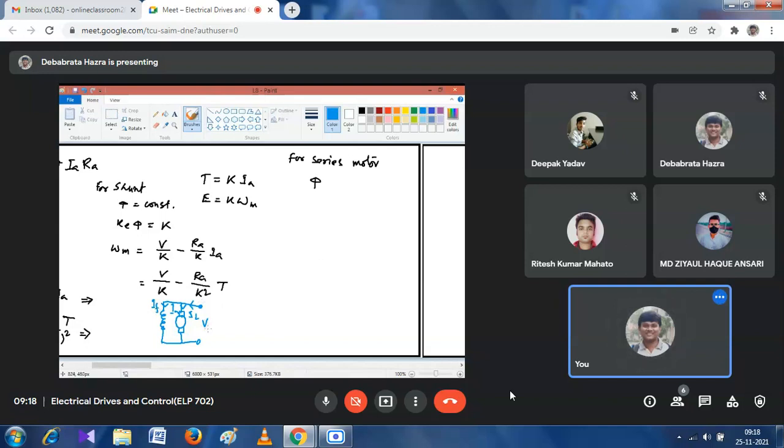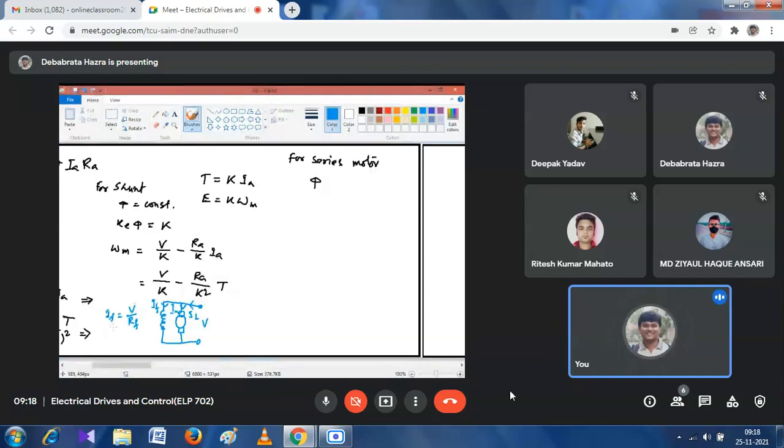Though the supply voltage is normally constant, we can say If should be constant because the value of If is equal to V by Rf. Rf is the resistance of field coil. So if V is constant, then we can say If is constant.